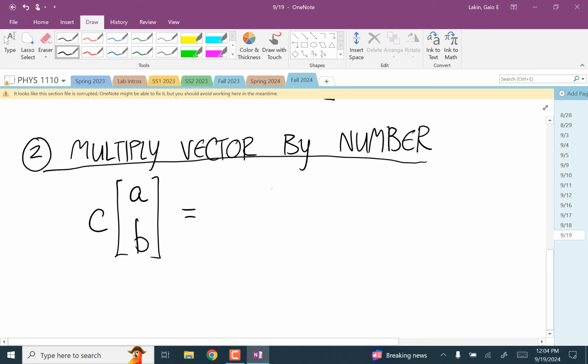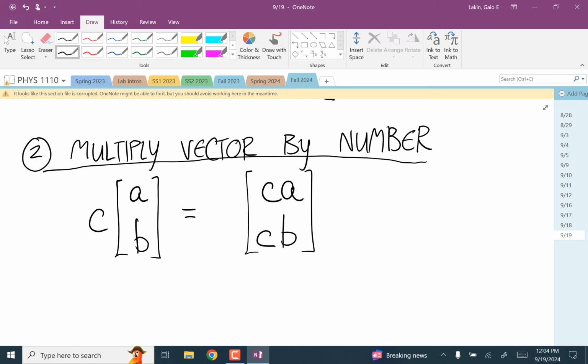So our answer has an x component of CA and a y component of CB. In lab, we talked about the intuitive meaning of multiplying a vector by a number, and this does the exact same thing, just as a calculation.